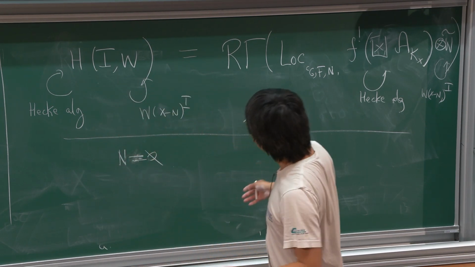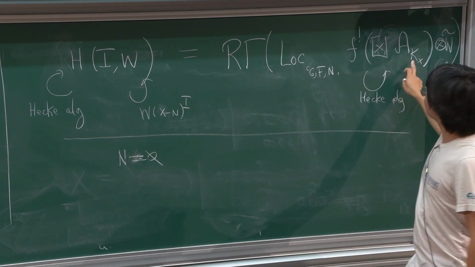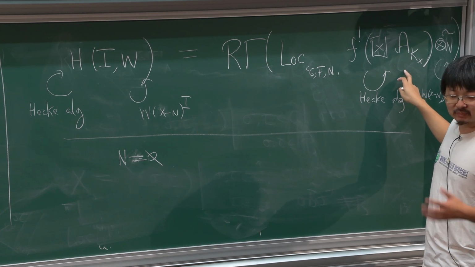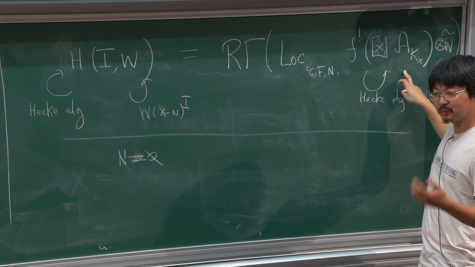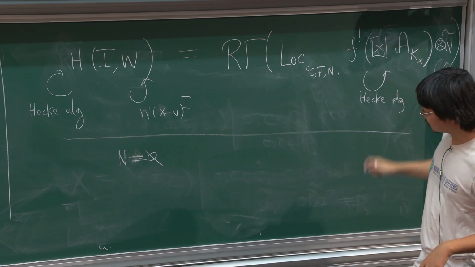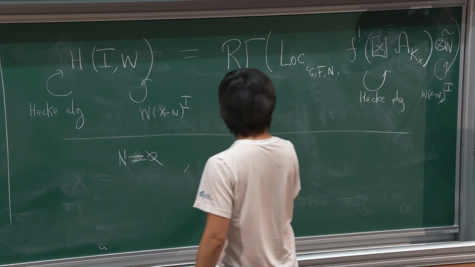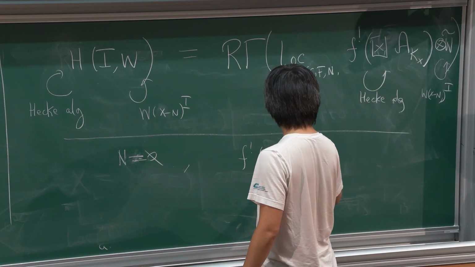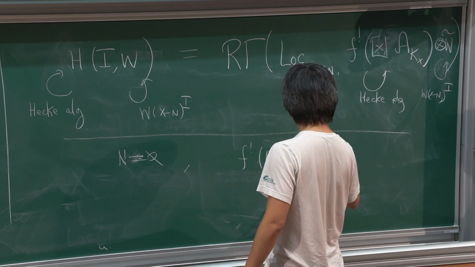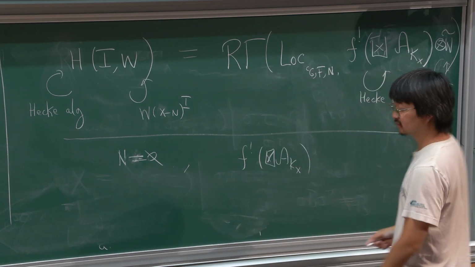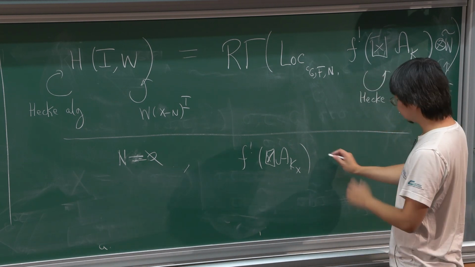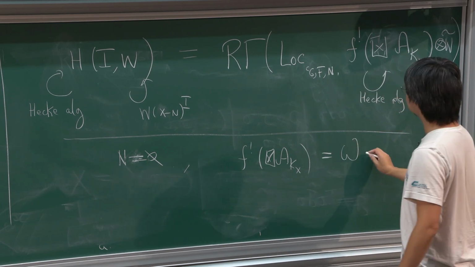But it's okay. What I need to put is a coherent sheaf. The coherent sheaf is just supported on the everywhere unramified locus. So it turns out, first of all, this guy, the pullback, in the everywhere unramified situation, is just the canonical sheaf of this.